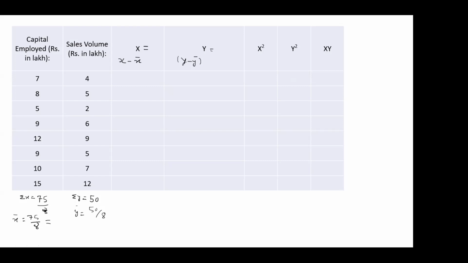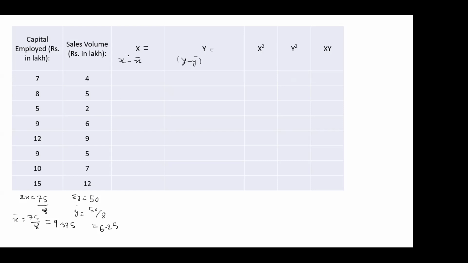75 divided by 8 is 9.375, and 50 divided by 8 equals 6.25.